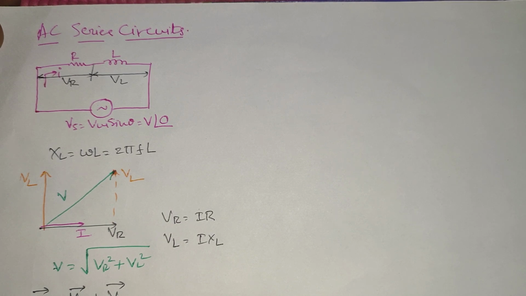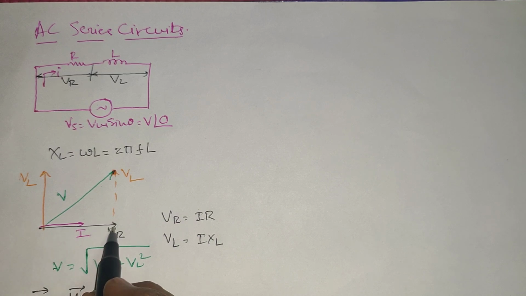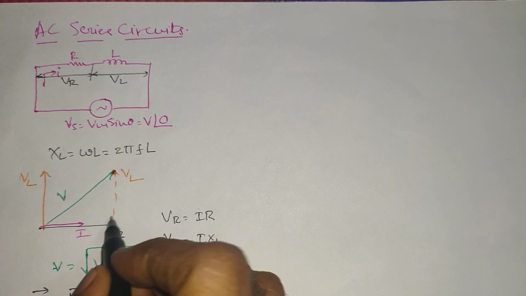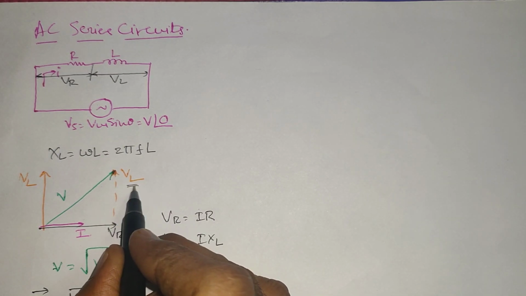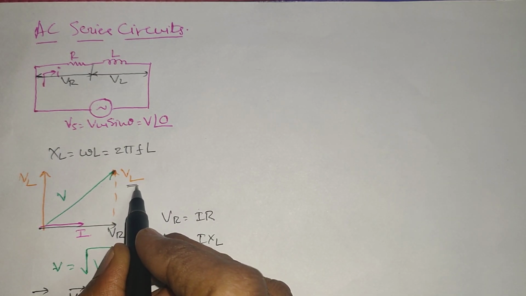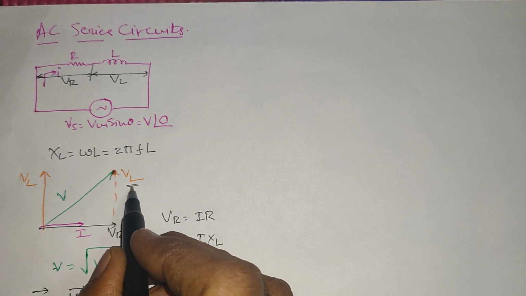plus VL. If you consider this as a complex plane, on the x-axis we are going to have the real part, and on the y-axis we are going to have the imaginary part. Hence this component VL is going to be represented as positive imaginary.